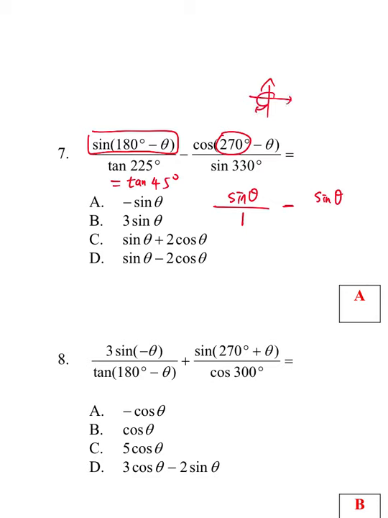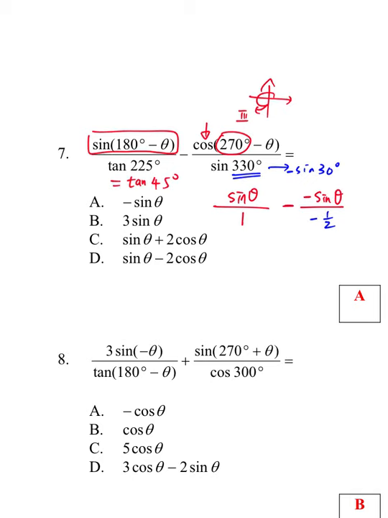270 minus theta lies in quadrant 3. For cosine ratio, it returns a negative ratio. 330 degrees. The reference angle is 30. But this is an angle in quadrant 4, so you have to add a negative sign.